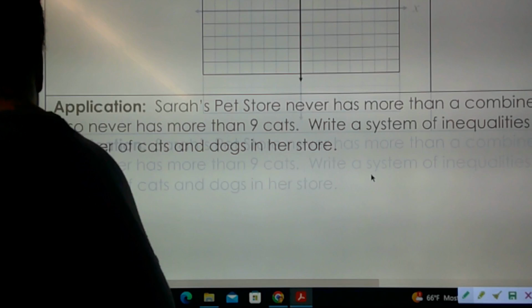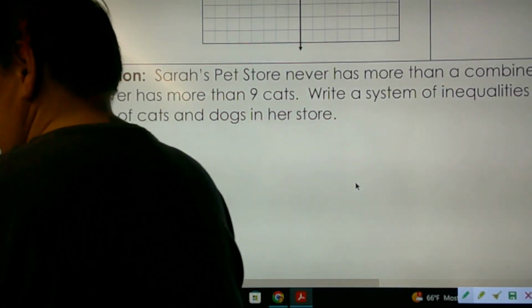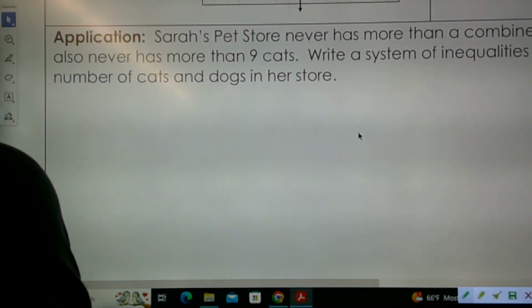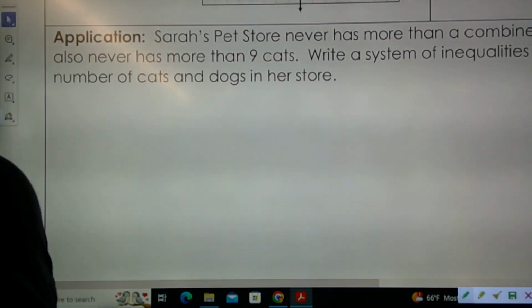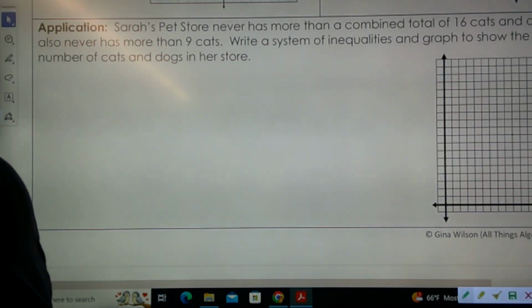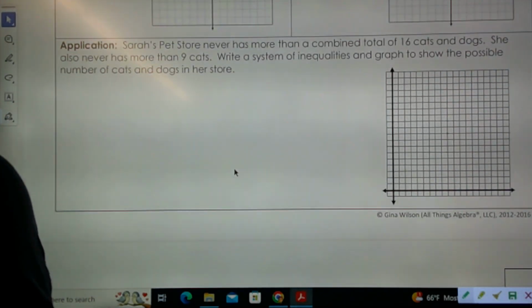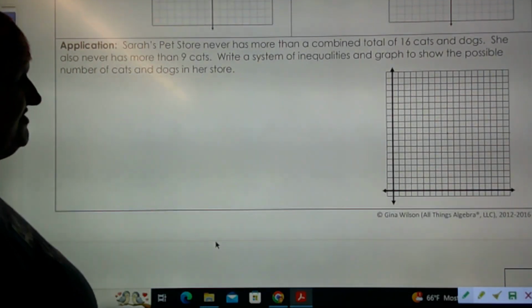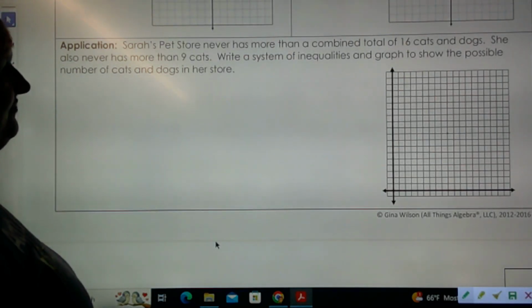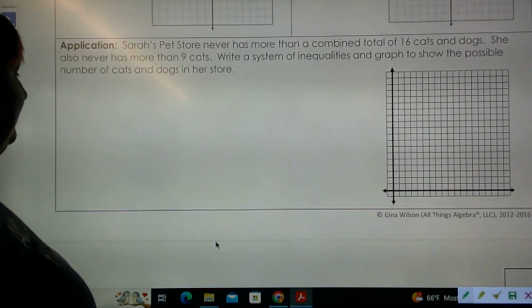Alright, and this last one is a mix of the word problems and the graphing. So I am curious to know if you can do it. It says Sarah's pet store never has more than a combined total of 16 cats and dogs. She also never has more than 9 cats.